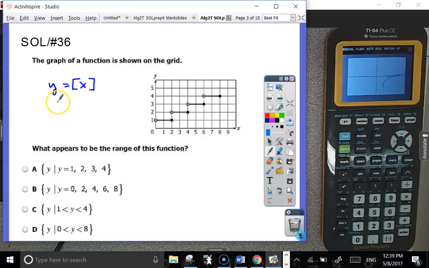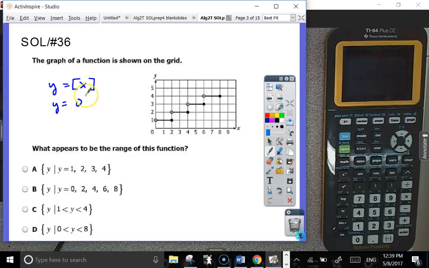So, for example, if x equals 0, what is the integer which is less than or equal to that? 0.